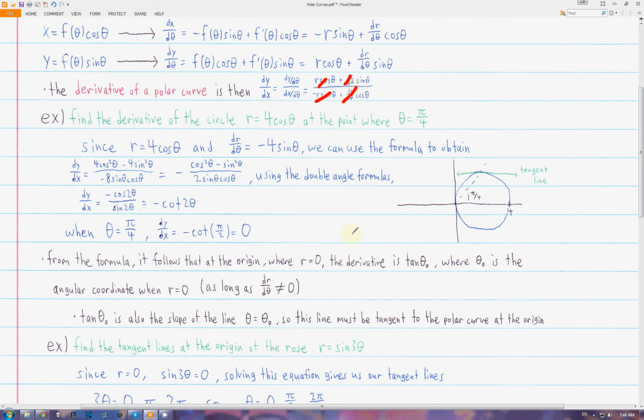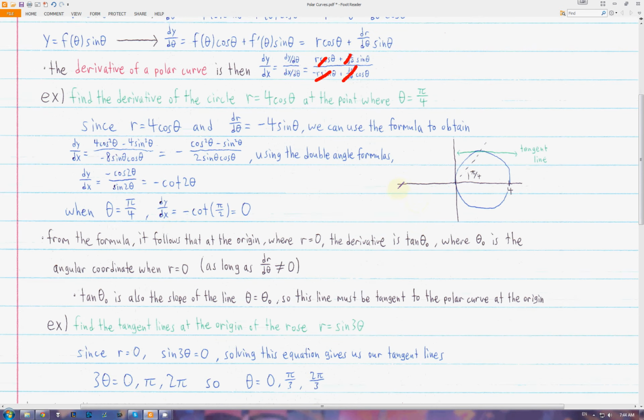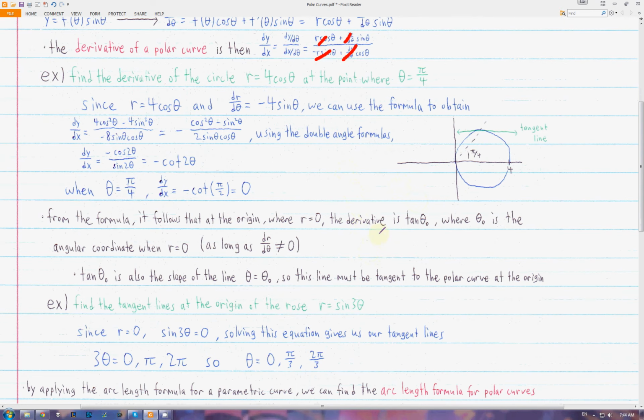And so what we're left with is tangent of theta. And we can call theta naught the angle that it makes when r is equal to 0. So we know when r is equal to 0, the derivative of r is just tangent of theta.